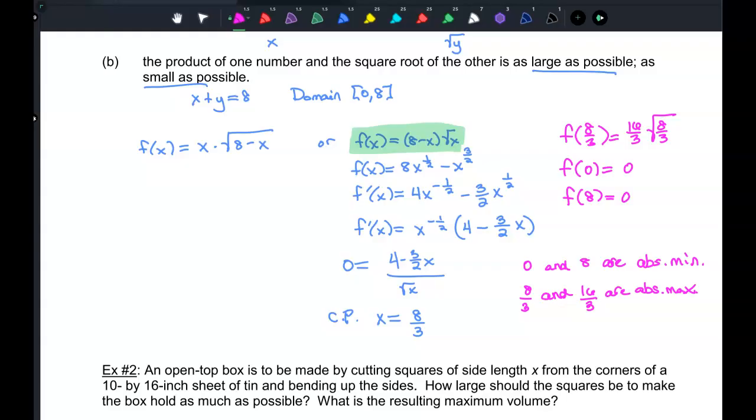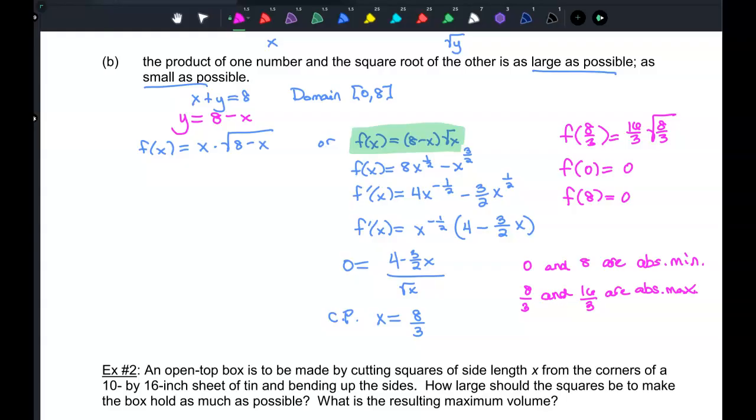Remember, the other number is 8 minus 8/3, which is 16/3. Keep in mind, if one of the values is x, the other one is y, which is 8 minus x. So if I take 8 minus 8/3, that gives me 16/3.